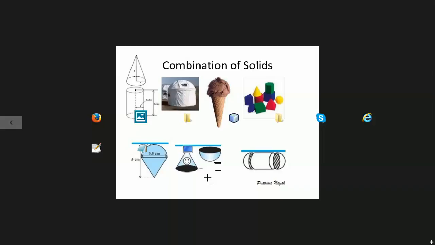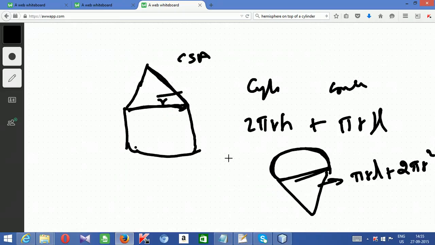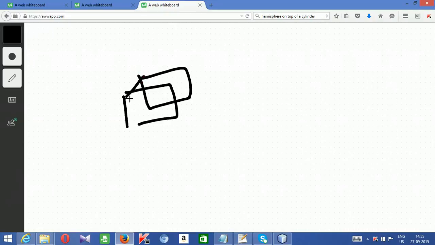And now, see these types of shapes. Again the same thing we discussed. So this is how you need to combine the solids basically. When you put a hemisphere on top of a cube, what is going to happen? Will it fit correctly on top of a cube? No. If you put a hemisphere on top of a cube, you will have some gap. You need to consider in these types of problems how much the gap is.